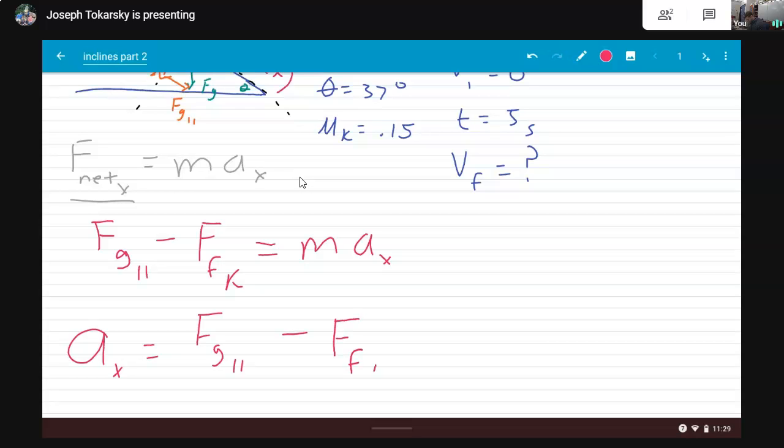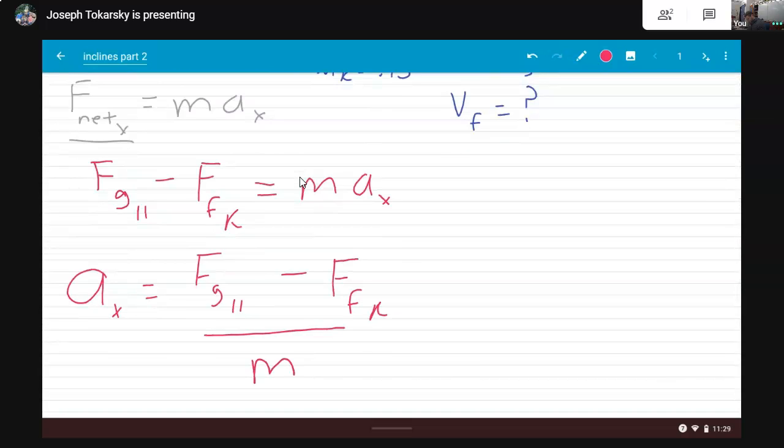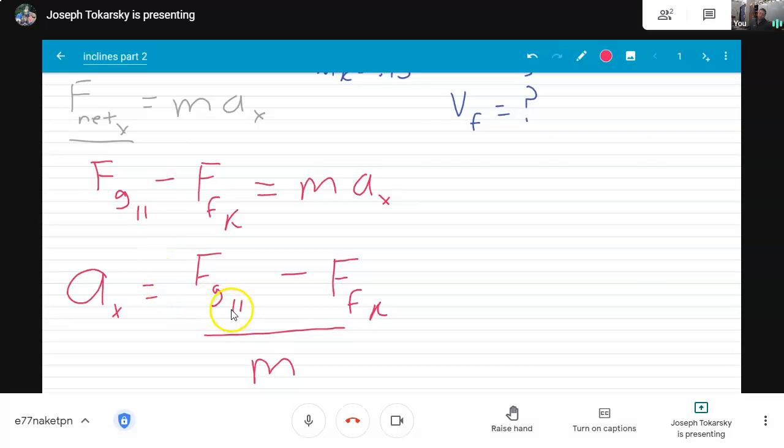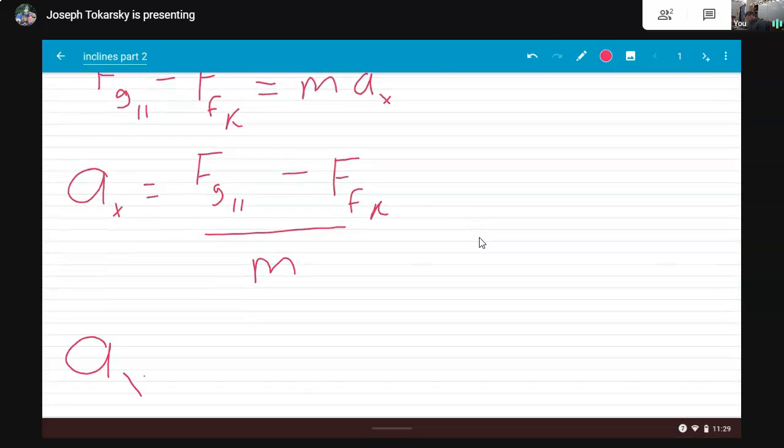Follow with me. It will all make sense, but you need to follow with me. We have a lot of substituting to do because we don't know Fg parallel, but we know a formula for it, right? From yesterday's lesson, Fg parallel is the weight times the sine of the angle theta, but weight is mg.